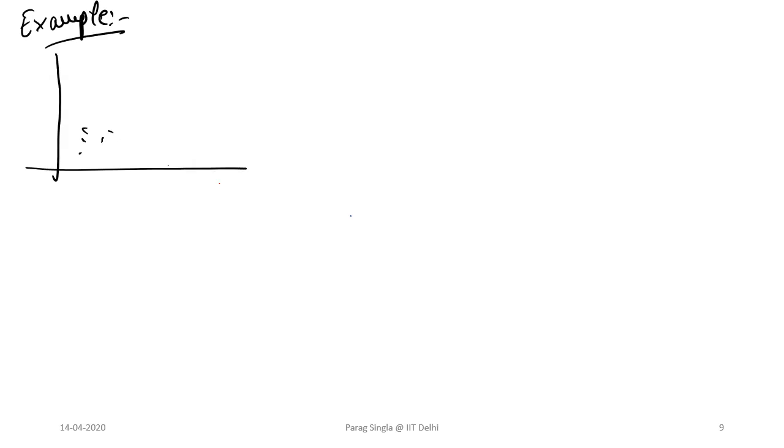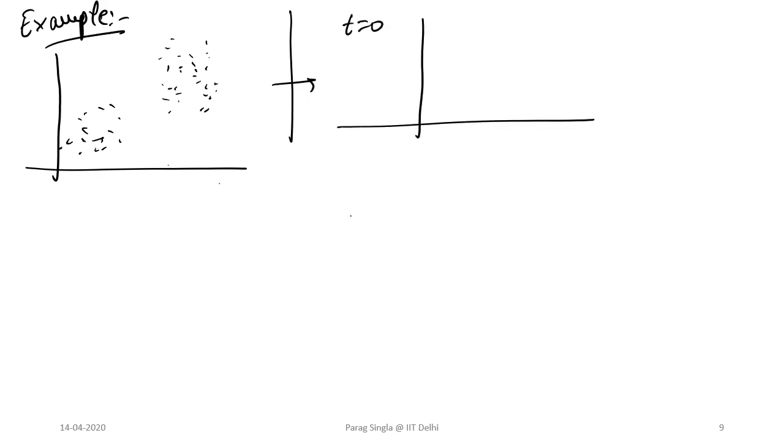So the last thing that I want to do before we break this class is to work out an example of the working of this k-means algorithm. Let's say these are your data points, which have been given to you, and at step t equal to 0, this will be your initial assignment.